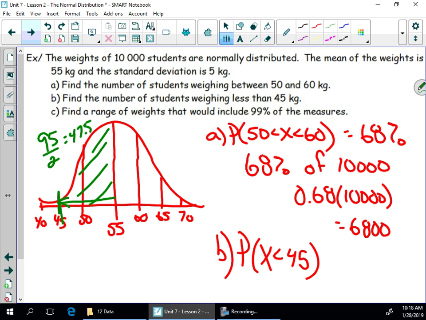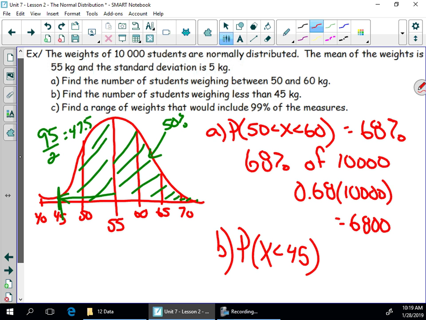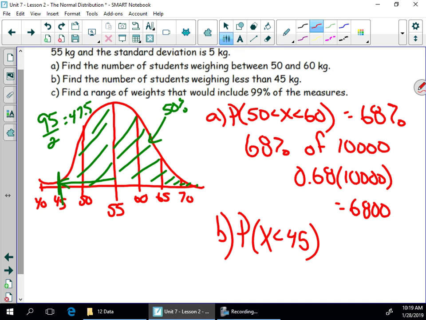And I actually know that the rest of this graph, all the way up, even beyond 3 standard deviations, is 50% of my data. So if I combine those two things, 47.5 and 50, that's 97.5% of my data from here over. How much does that leave me below 45 then? 100 minus 97.5 gives me 2.5%.